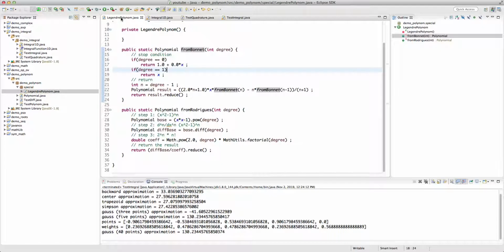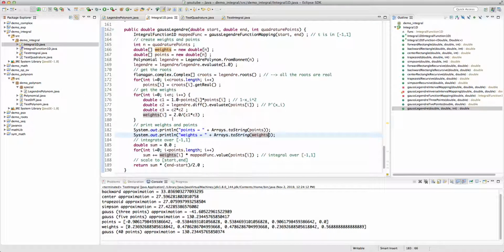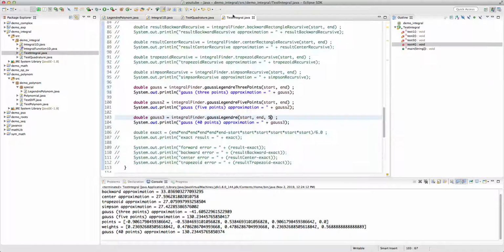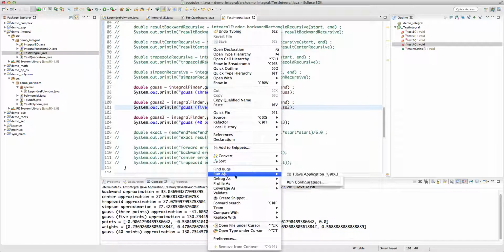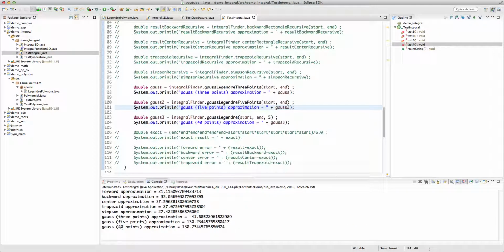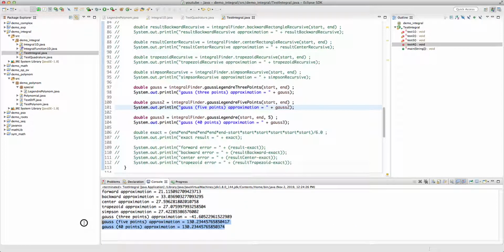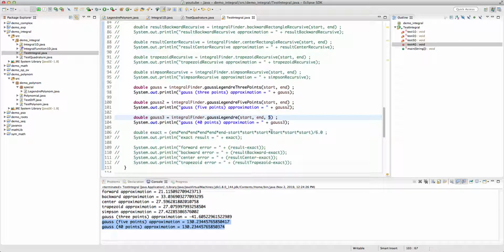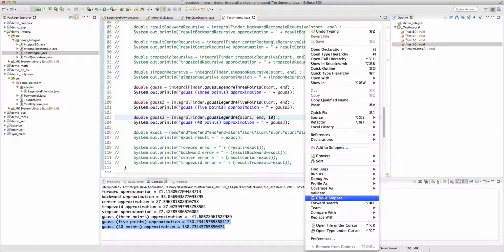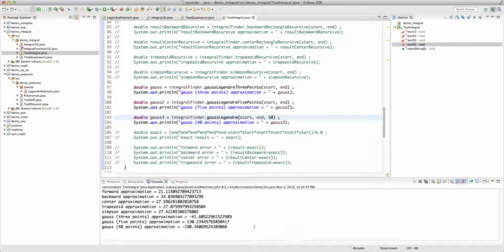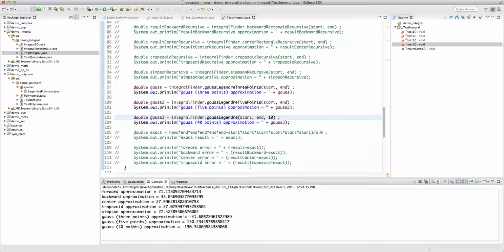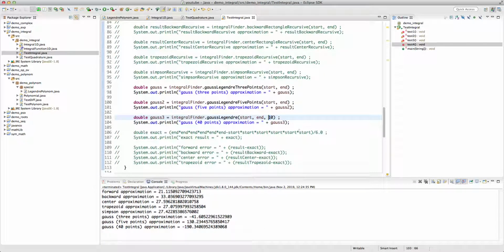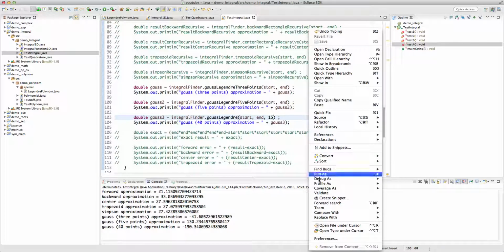So let's try 5. Let's also comment this out, so we don't print it. The 5 points are basically the same, which is not good. Let's go 10 points. Not good. 15 points.